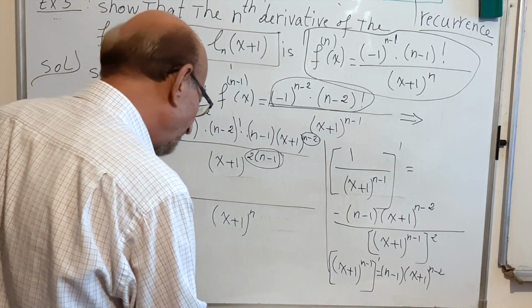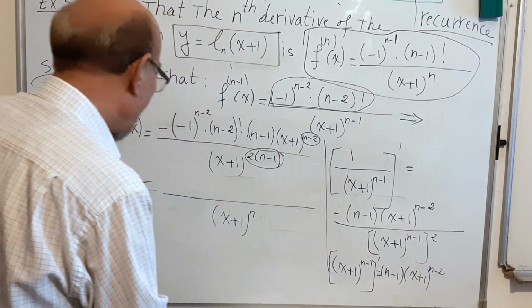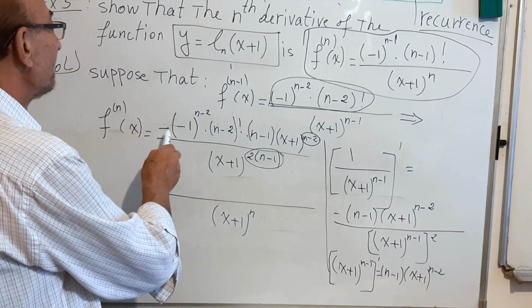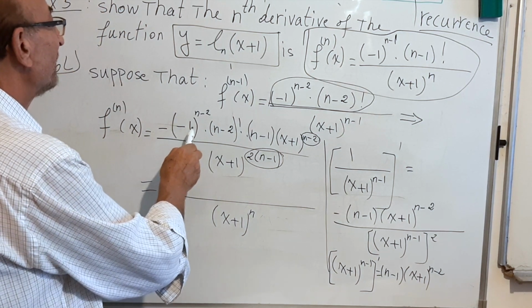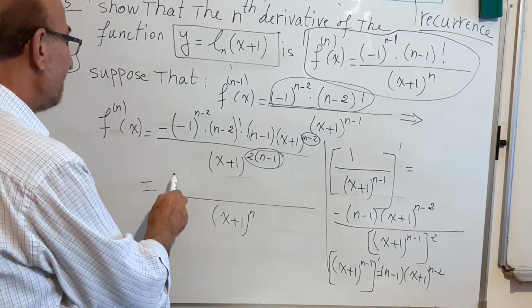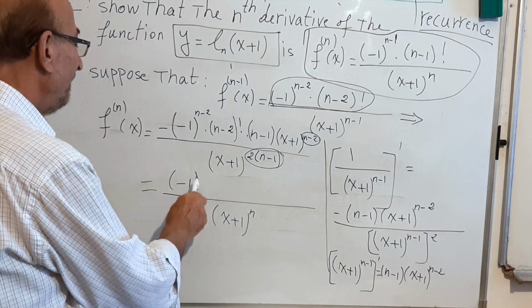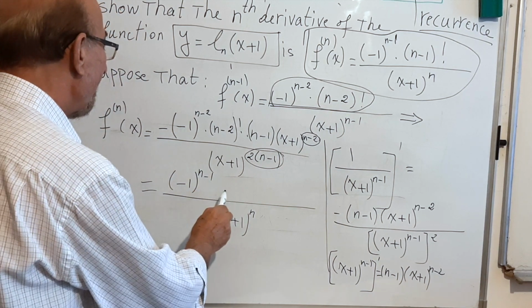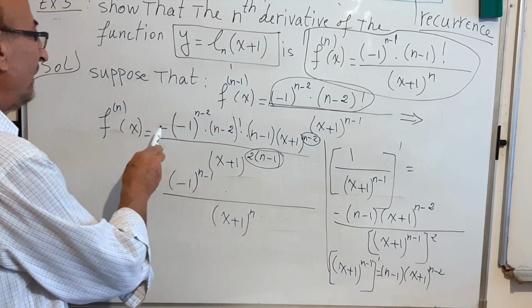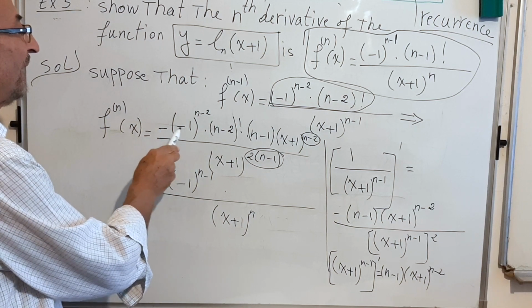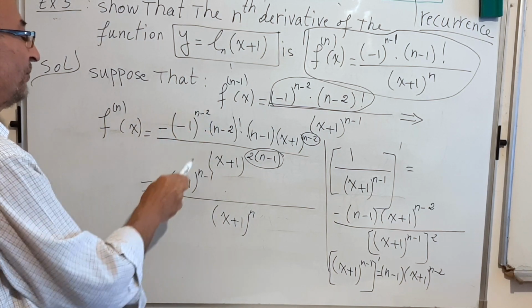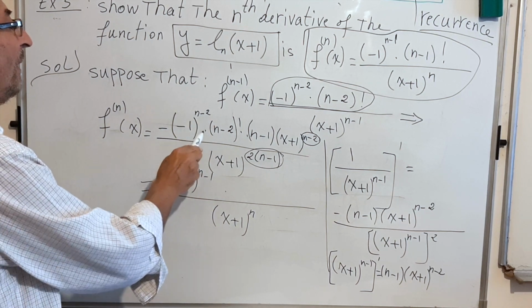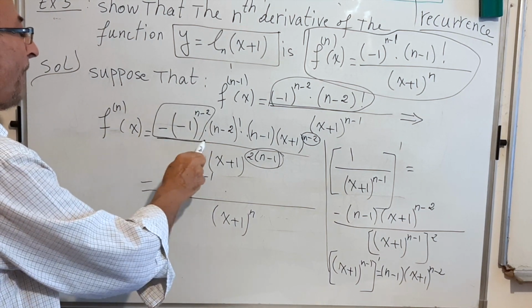Now, minus times minus 1 power n minus 2 is minus 1 power n minus 1. Minus 1 times minus 1 power n minus 2 is minus 1 power n minus 1.